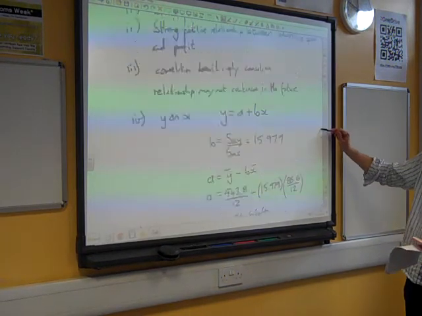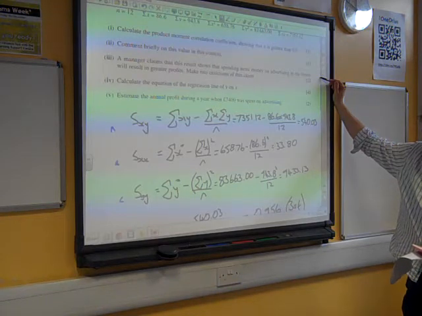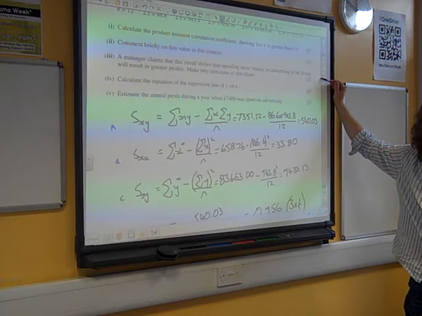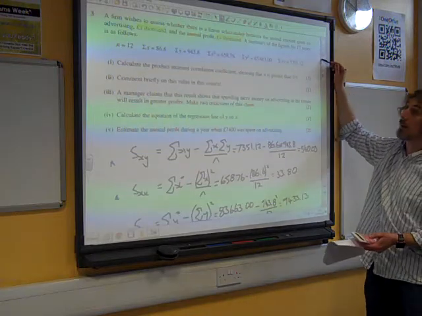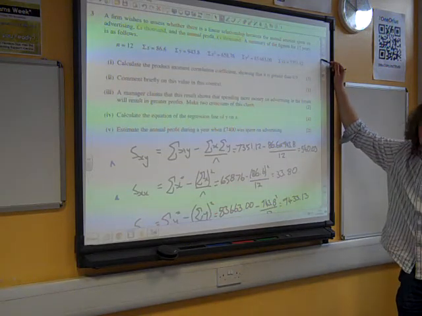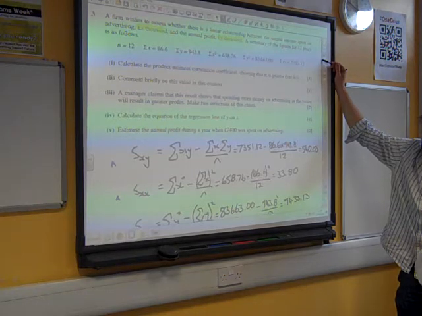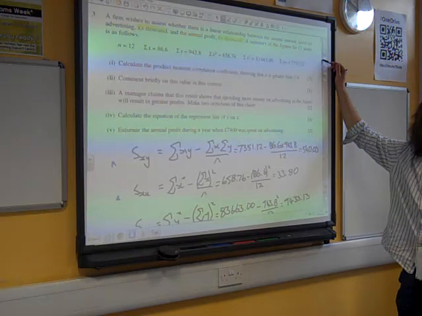And finally, estimate the annual profit during a year when £7,400 was spent on advertising. Now this is that bit, it almost slipped through without us having to do anything with it. But remember, x in thousands, y in thousands. So x, the advertising, is £7.4 thousand.